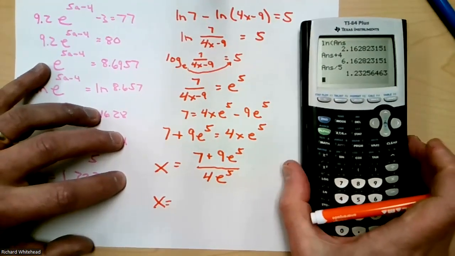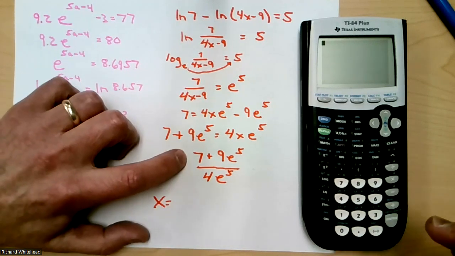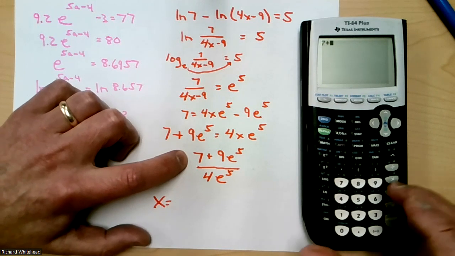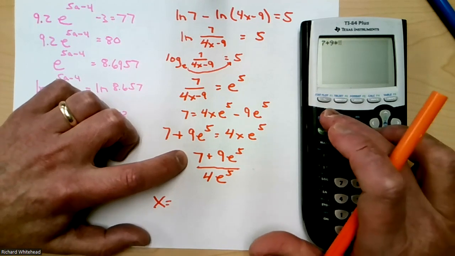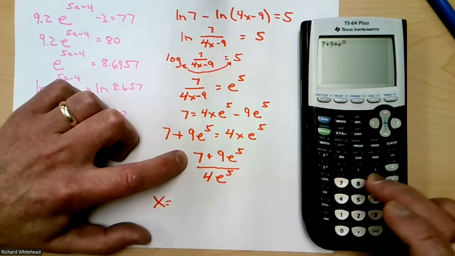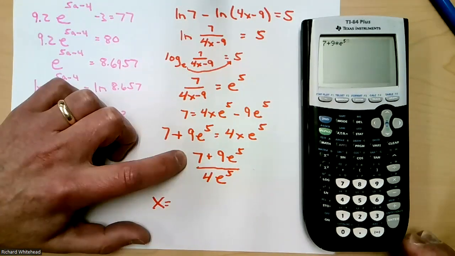So then we're going to say, okay, here we go. We're just going to do all this on the calculator, very carefully. So I'm going to say 7 plus 9 times, where's my e button? Second ln, e to the 5th. So 7 plus 9 times e to the 5th. And I'm going to go ahead and enter that.